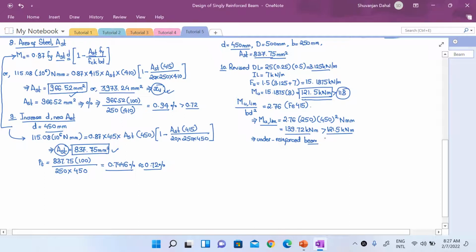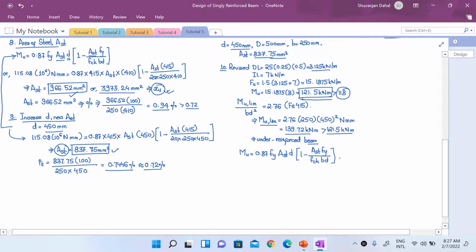Now let us determine the value of Ast for our design factored bending moment of 121.5 kilonewton meter. We use this formula here, 0.87 fy Ast d into 1 minus Ast fy over fck bd.